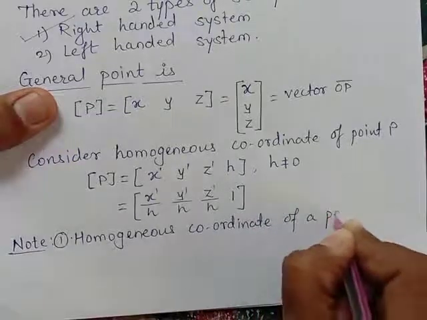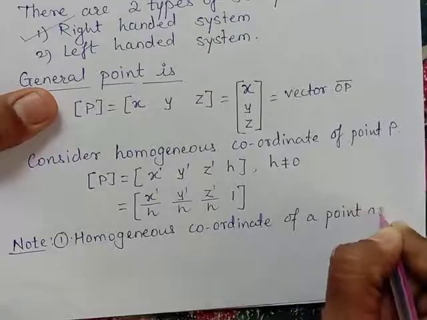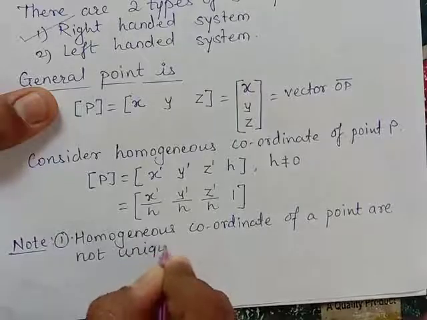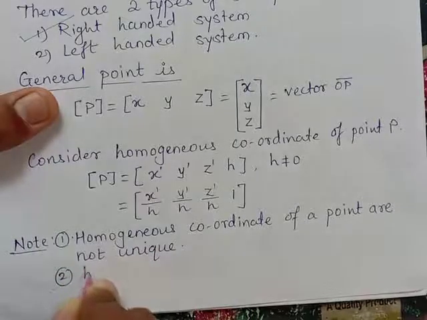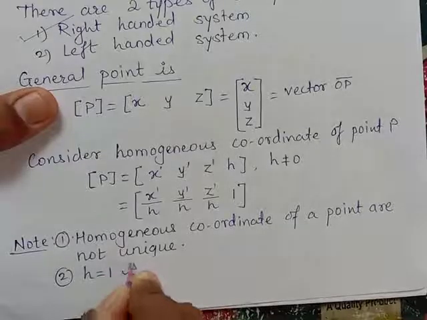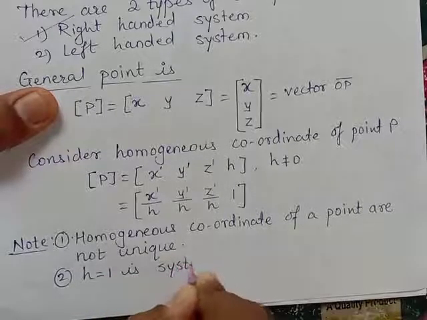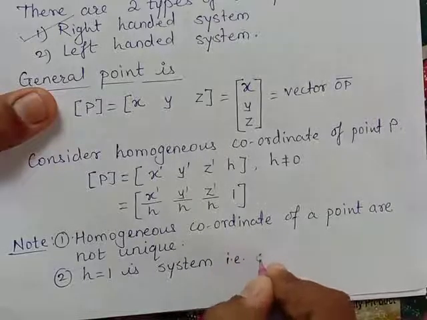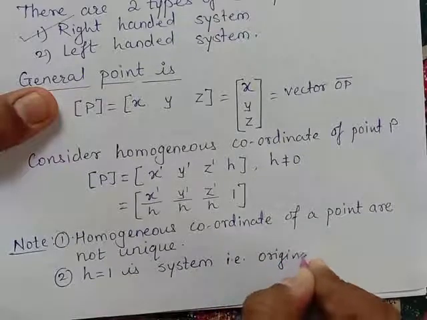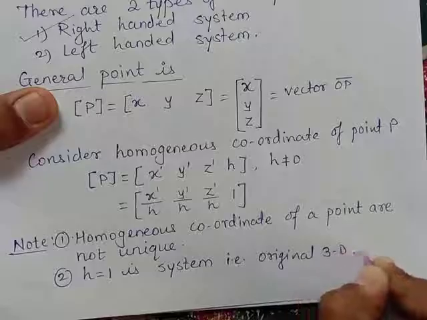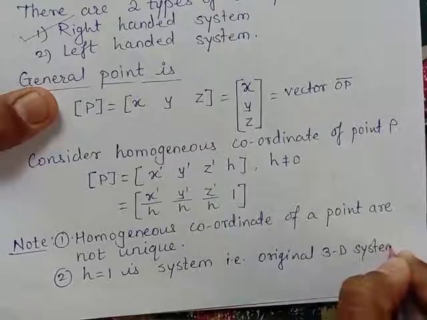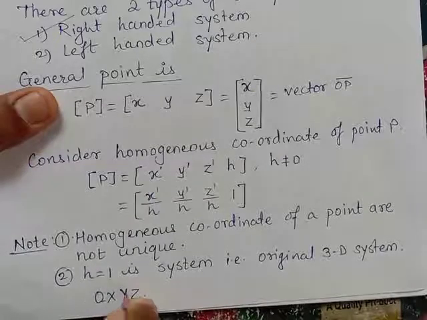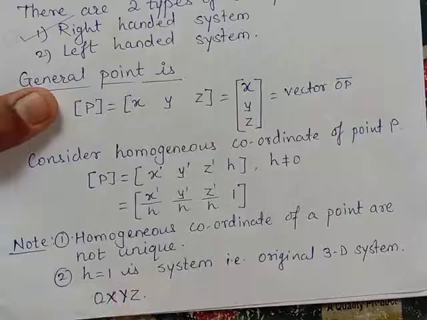Second, h equal to 1 is the original three-dimensional system, that is OXYZ. This original three-dimensional system is nothing but h equal to 1.